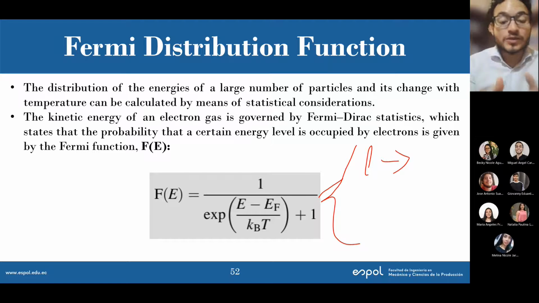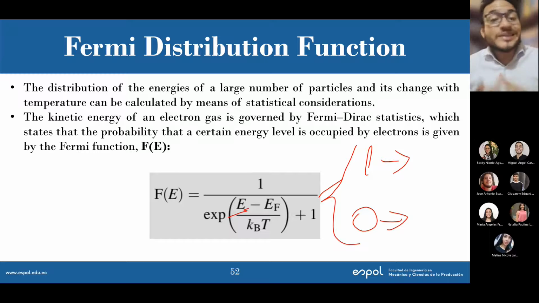Because this equation is telling me the probability that a certain energy level is occupied. So if it's 1, it means the energy level E is completely occupied. Whereas if I get 0, that means that energy level is empty, unoccupied by electrons. Okay? So think of this equation. How do you think it's going to look?